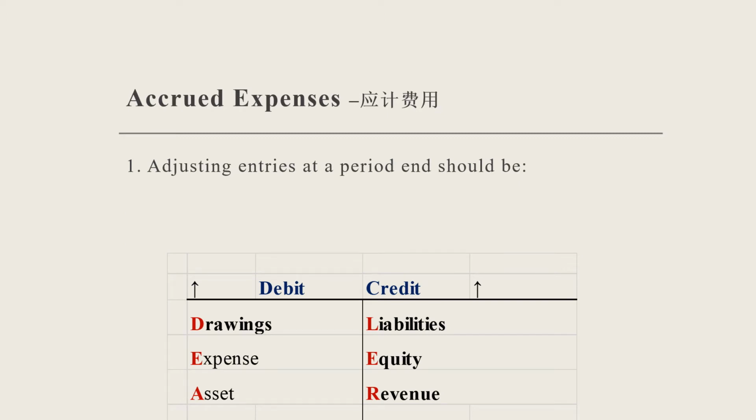How to record accrued expenses? Accrued expenses are recorded as adjusting entries at period end.